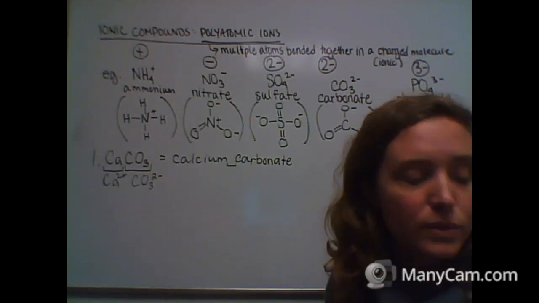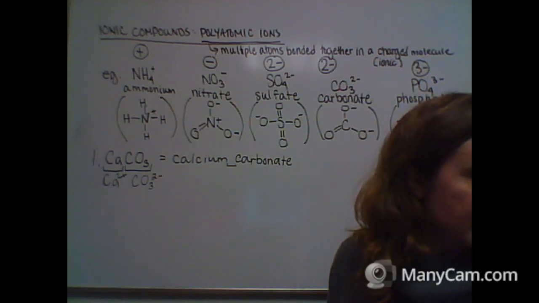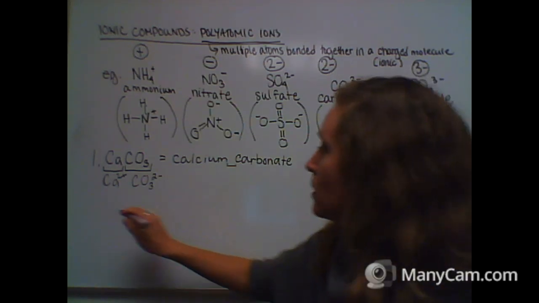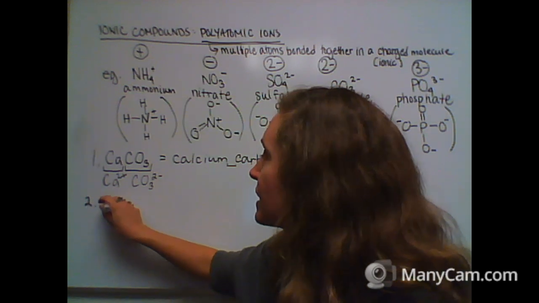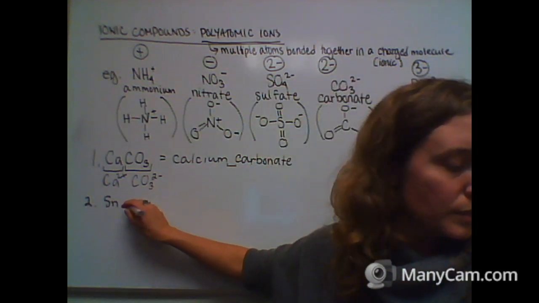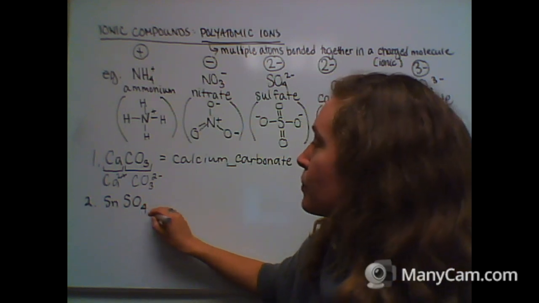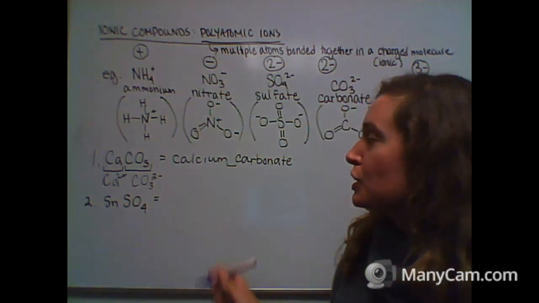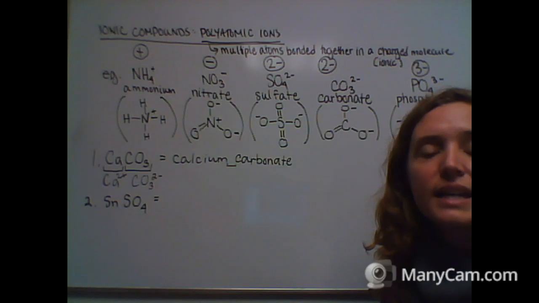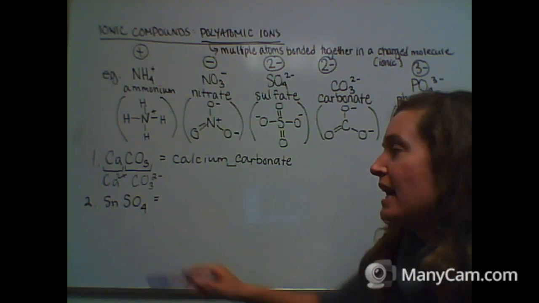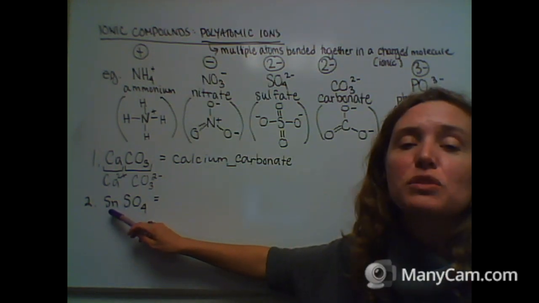Now, let's do another example. Let's name SnSO4. The way that we're going to do this is first we want to figure out if our cation is a variable charge metal.